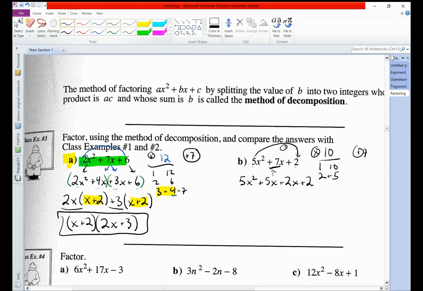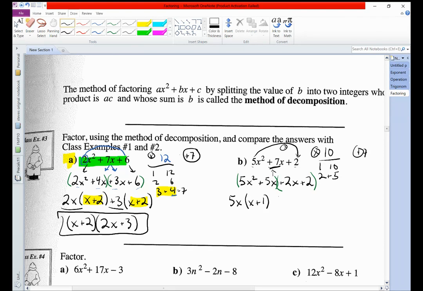Now I can group those. Oh wait, I erased too many things. There we go. Group the first one, group the second one, pull a greatest common factor out of the first set of brackets. I can pull 5x out, and I'm left with x plus 1.